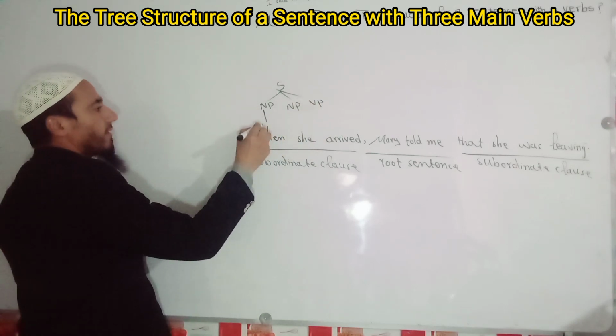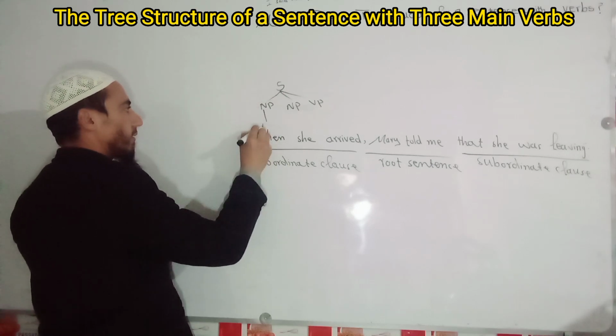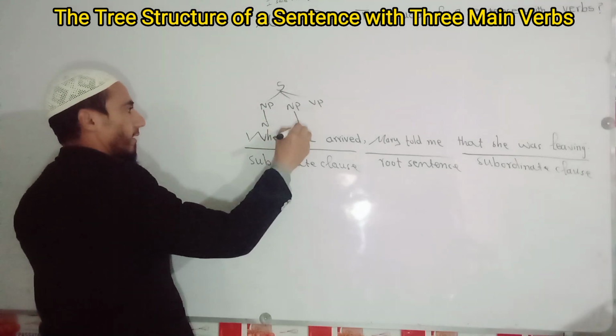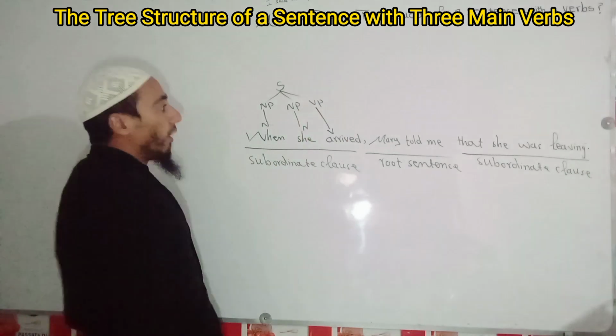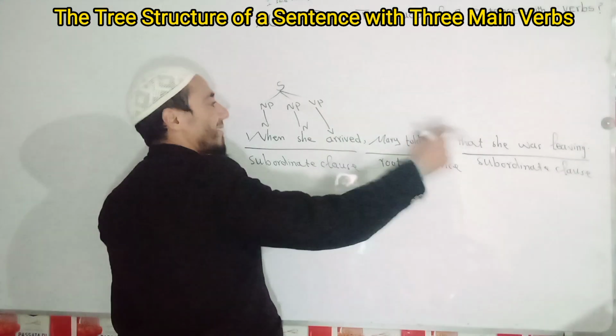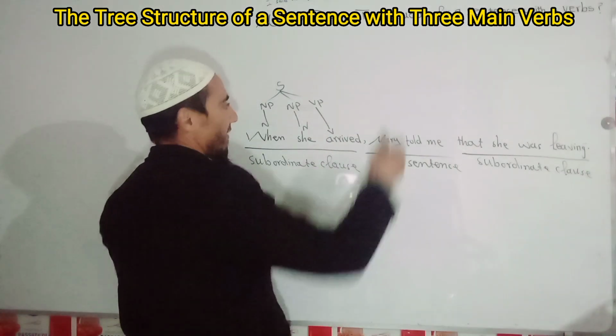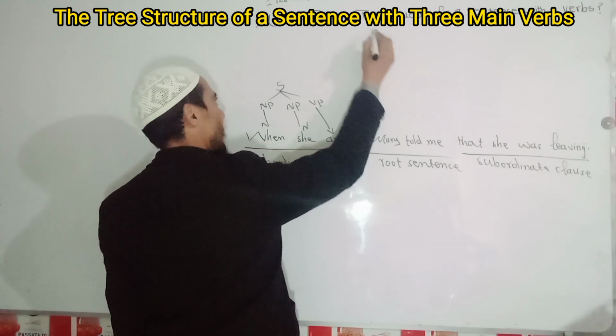The first NP is when, so we are taking it as N. And we are also taking the second as N, noun. Arrived, that is V. Here I'm taking that a root sentence has dominance over another sentence. So that's why I'm taking S here.